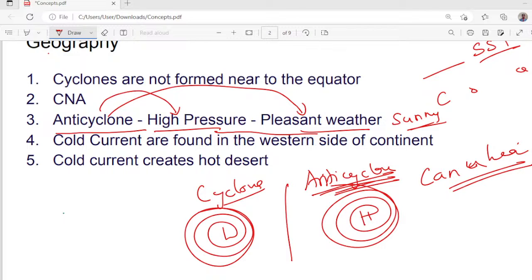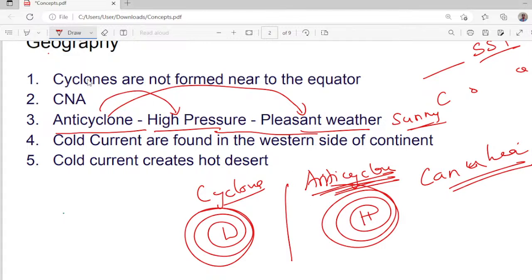During which month will Punjab, Haryana and all have an anticyclonic condition? Who will tell me the answer?